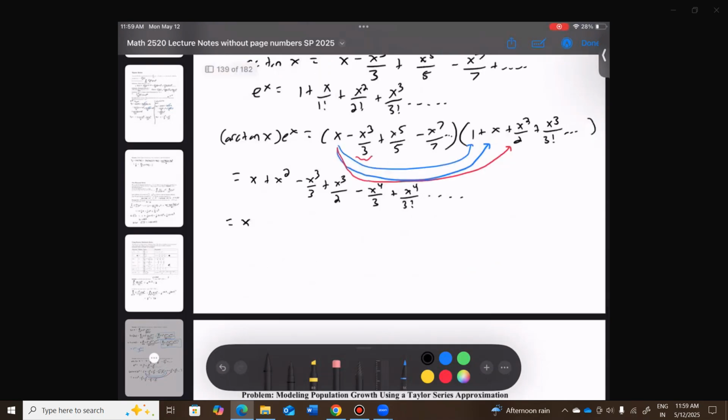So x plus x cubed, and then we'll find a common denominator here: 3/6 and 2/6. So we'll get 3 minus 2, which is 1, so plus x cubed over 6.